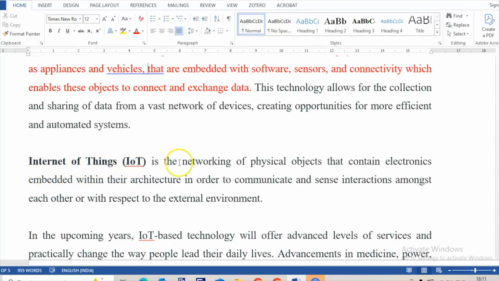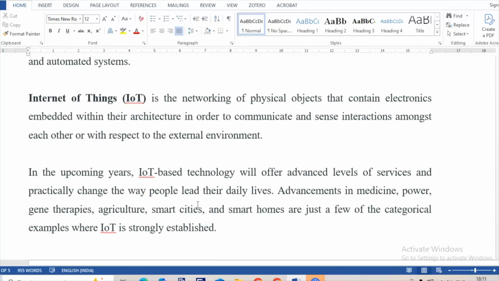Internet of Things is the networking of physical objects that contain electronics embedded within their architecture in order to communicate and sense interactions amongst each other or with respect to the external environment.